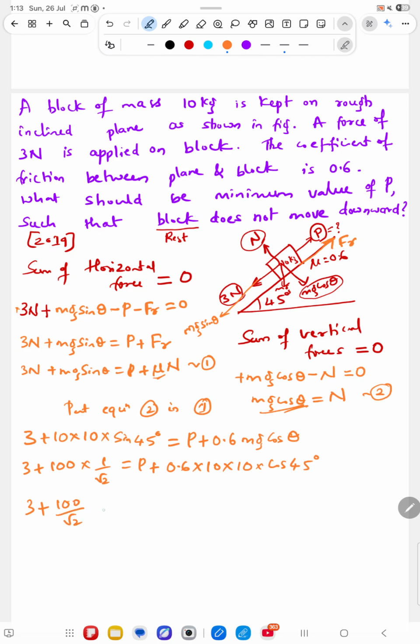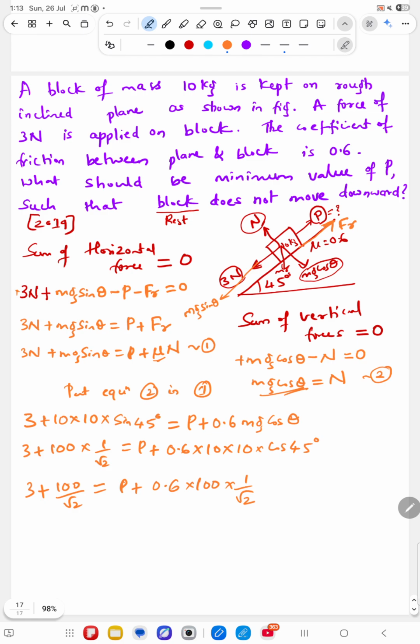300 divided by root 2 is equal to P plus 0.6 into 100. Again cos 45 is 1 by root 2. Now I will multiply 0.6 into 100, so I will get 60 divided by root 2, and here is 3 divided by root 2.